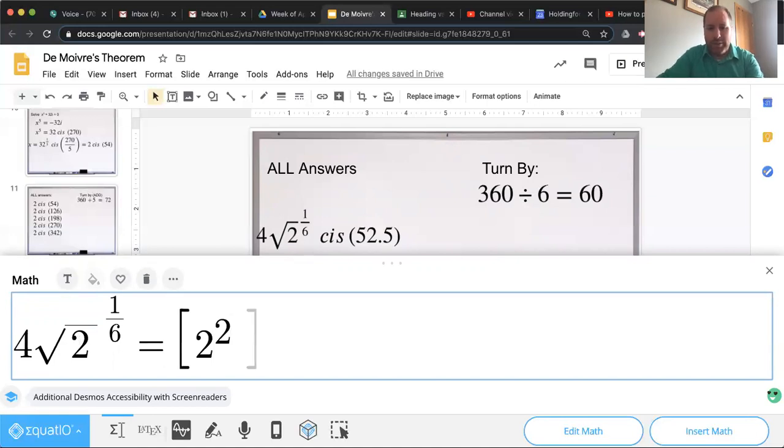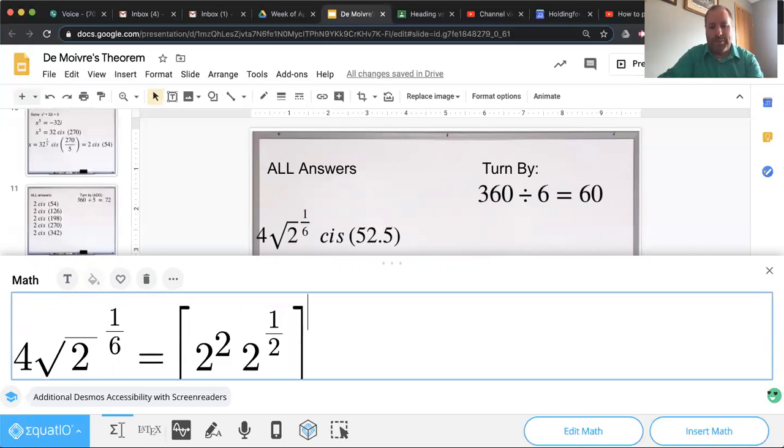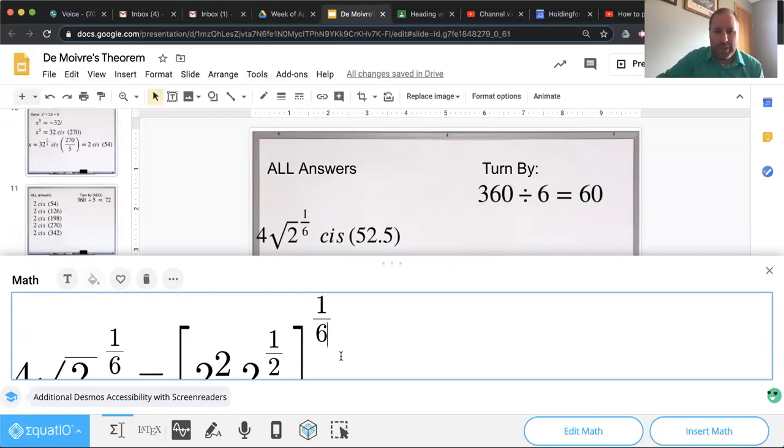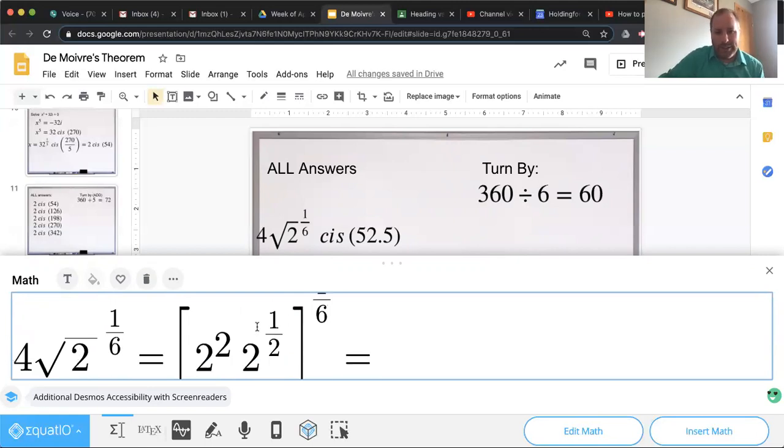The square root of 2 is 2 to the 1/2 power. And then we have this big 1/6 power on the outside. So we could add these exponents together, 2 plus 1/2. I'm going to keep it in fractional form, so really this is 2 to the 5/2 power, which is 2.5.